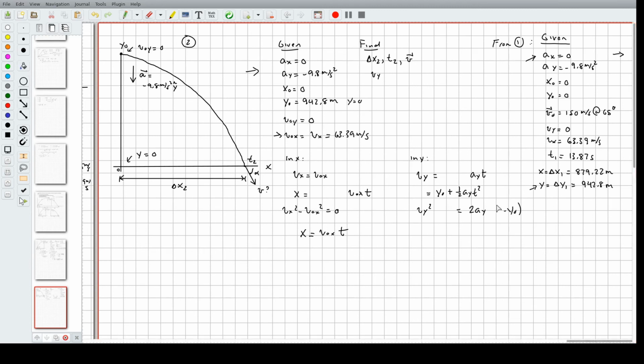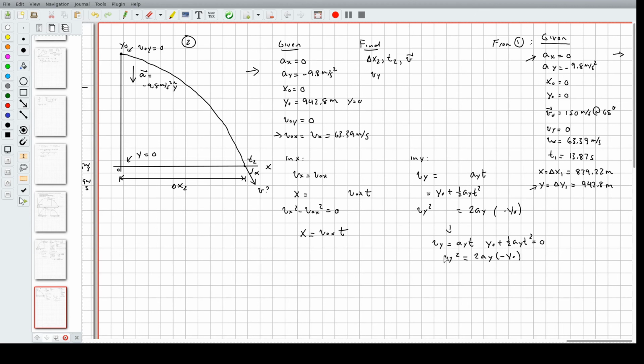So these equations right here give us Vy is equal to Ay times t, y naught plus 1/2 Ay times t squared is equal to 0, and Vy squared is equal to 2Ay times minus y naught.